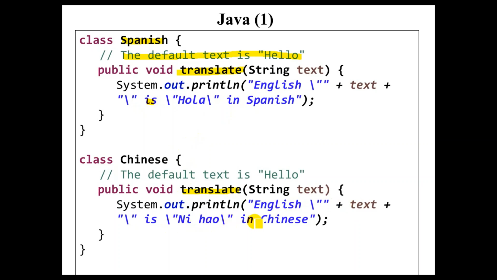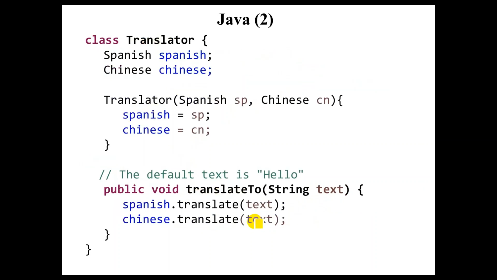Now we can see the implementation of the translator class. This is the translator class, and we know that it will call the specific translate method from the specific Chinese or Spanish class, right?